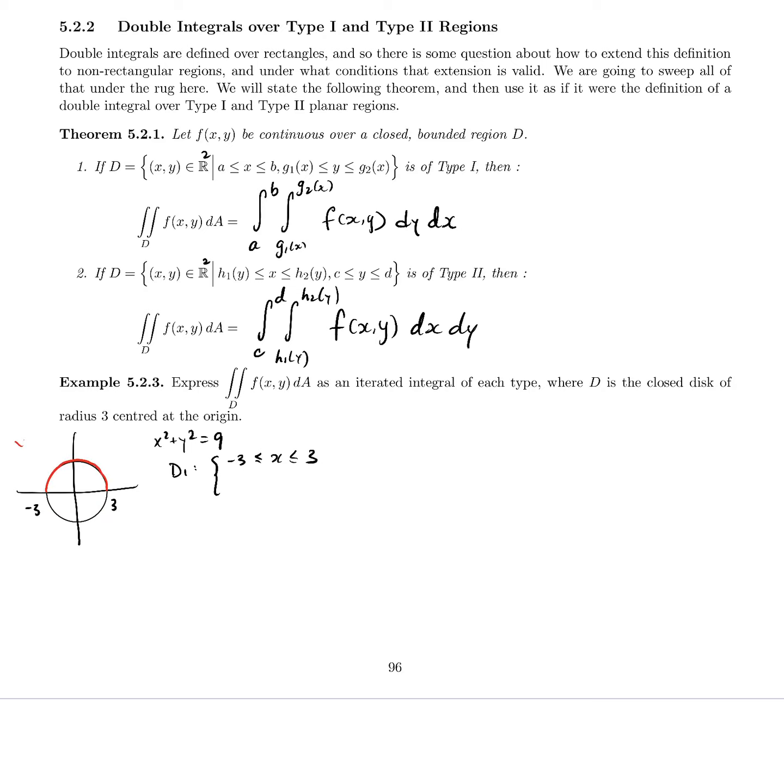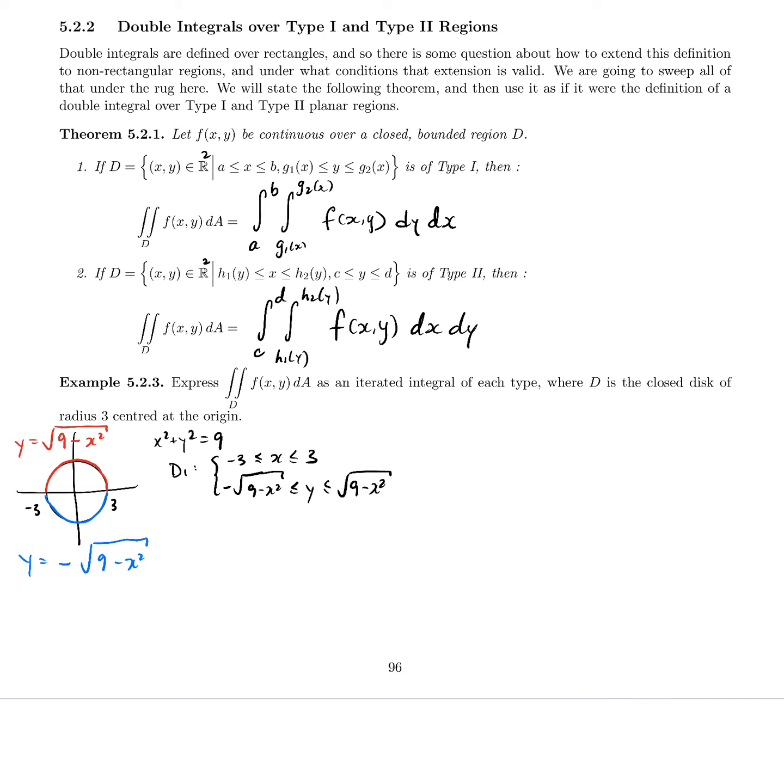The top is going to be y is the square root of 9 minus x squared, and the bottom bound, which I'll write in blue, here is y is minus the square root of 9 minus x squared. And so our region D will be, well, the negative root of 9 minus x squared is less than or equal to y is less than or equal to the root of 9 minus x squared.